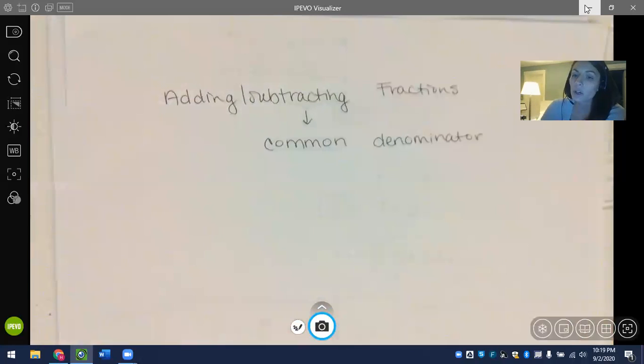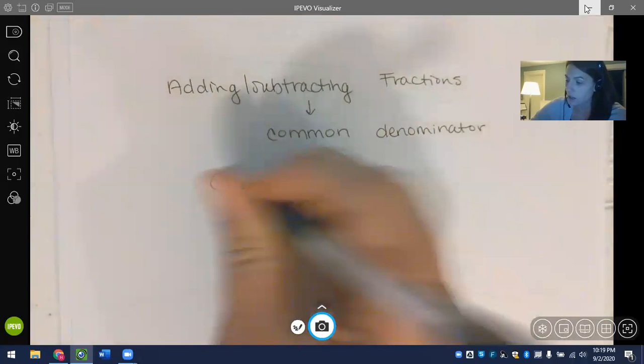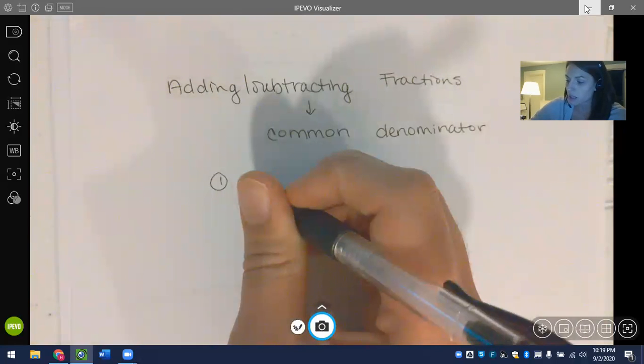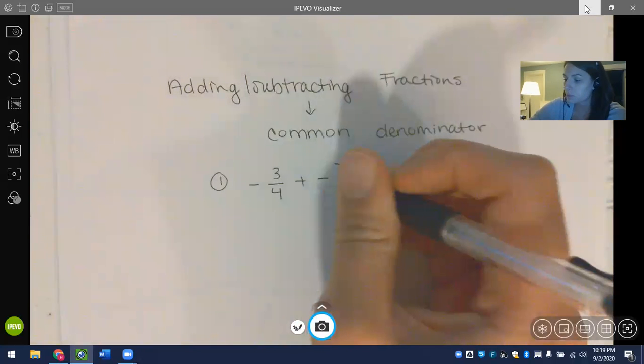Before I can even begin figuring out what the sum is, I need to first get those fractions so that they have a common denominator. We're going to go through a few examples, and I'll make sure to include positives and negatives along the way so we continue to practice those skills.